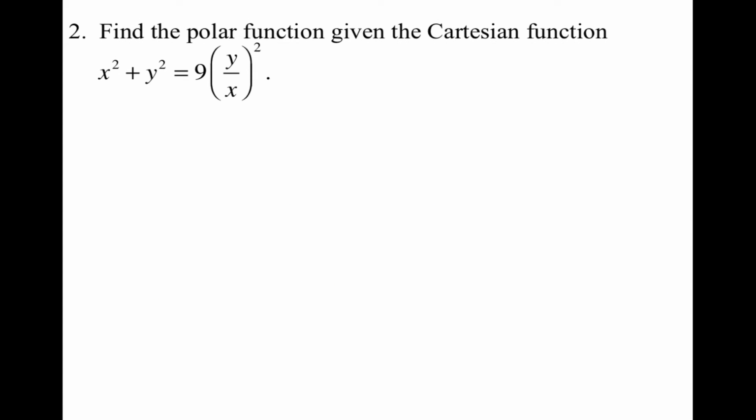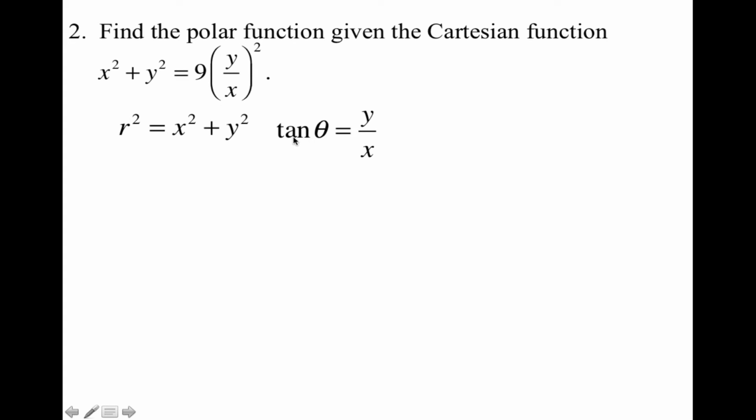All right. Now we want to find the polar function given the following Cartesian function. With this one, we have the knowledge that r squared equals x squared plus y squared. And we also know that tangent theta is equal to y over x. So if we notice here, we have that x squared plus y squared equals all of this. So that means that r squared is equal to all of this stuff.